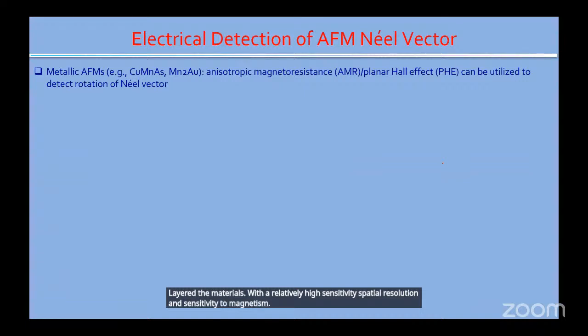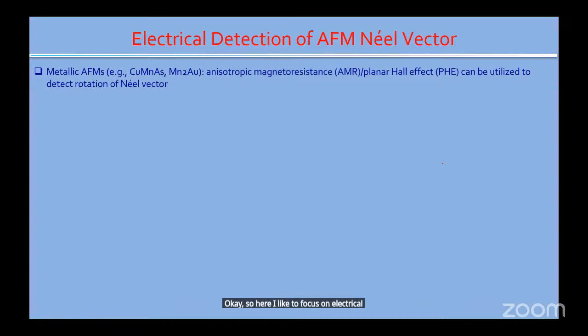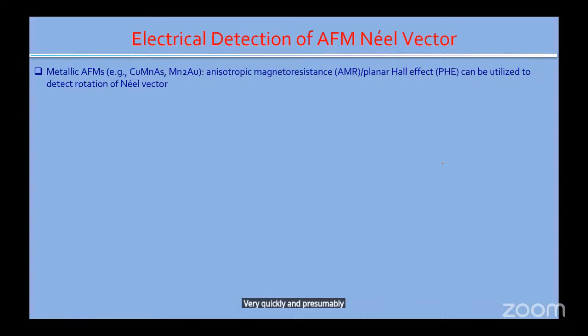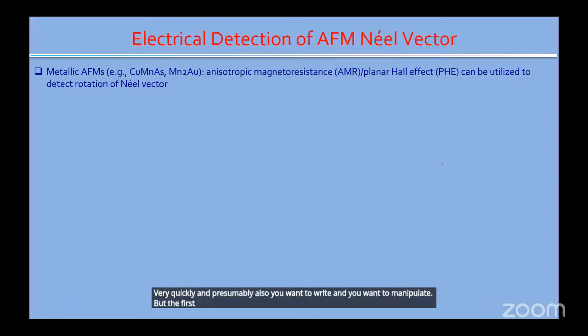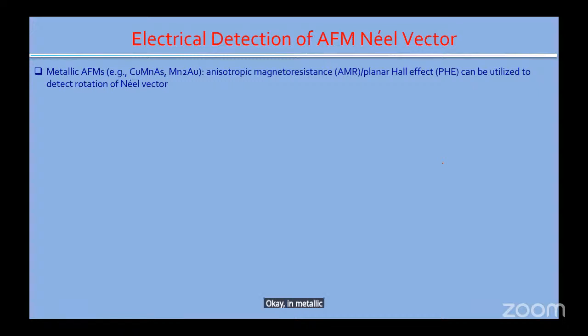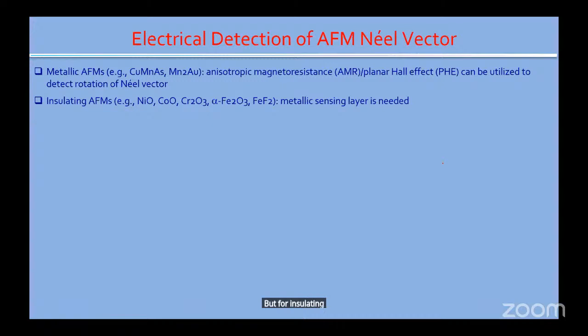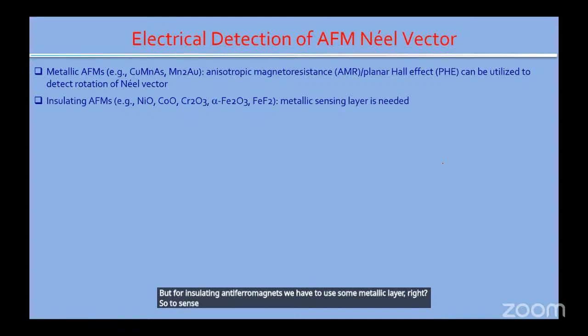Okay, so here I'd like to focus on electrical detection, because for any potential applications, one has to read out information very quickly, and presumably you also want to write, to manipulate it. But the first thing is to read the antiferromagnetic order parameter. In metallic antiferromagnets, of course, one can resort to the Hall effect or anisotropic magnetoresistance and planar Hall effect. But for insulating antiferromagnets, we have to use a metallic layer to sense, so a metallic sensing layer is needed.